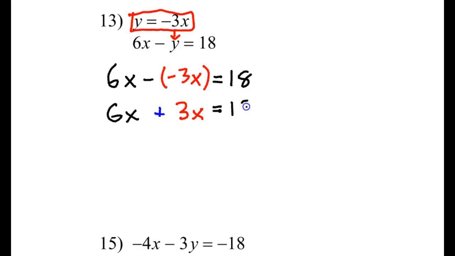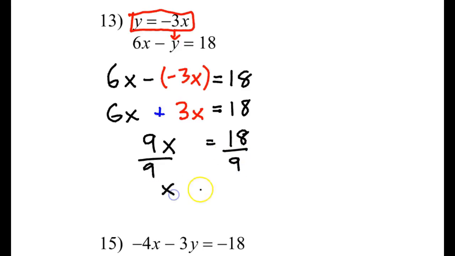So as usual, the more work you show, the more accurate your work will probably be. 6x plus 3x is 9x. And then we can divide both sides by 9 and get x equals 2.